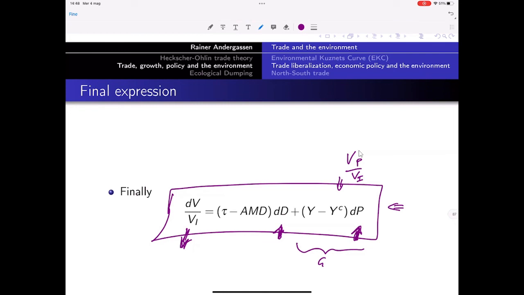I'm going to show you why these are gains from trade in a minute. And this is the effect of pollution on welfare, all the effects.